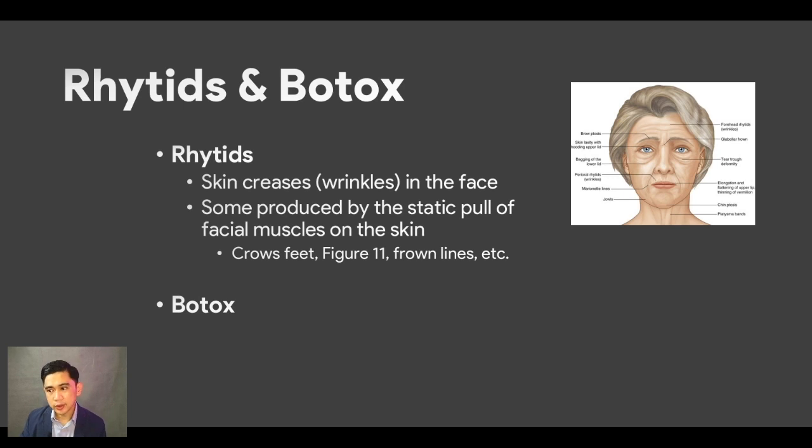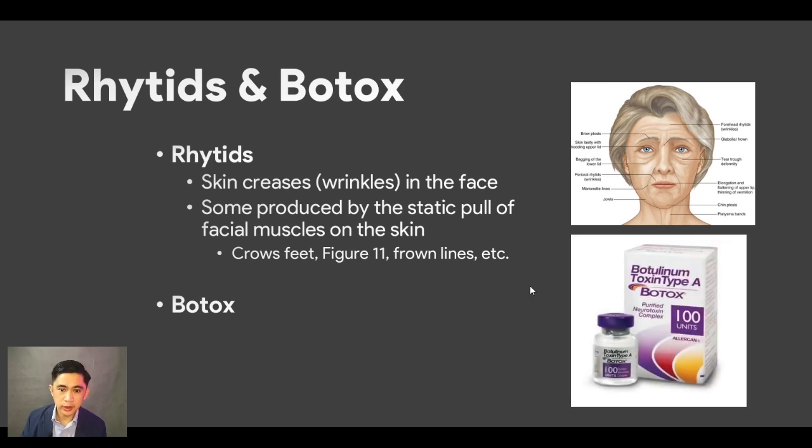So Botox is a medicine that is injected into the muscles. Okay, so Botox is actually a brand, no? It is produced by the company Allergan. So it became a household name when other companies produced the same medicine.